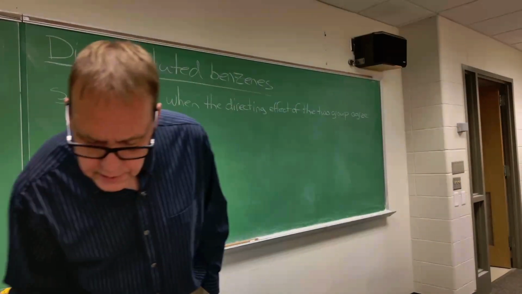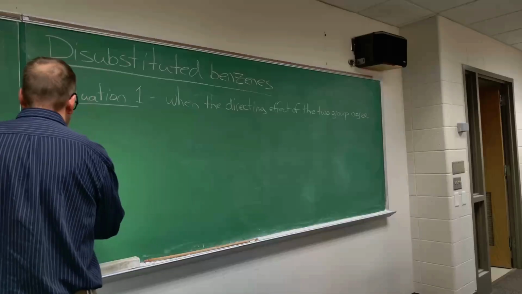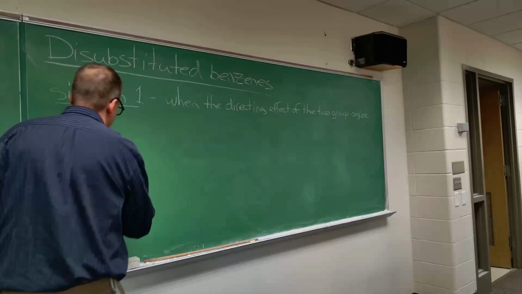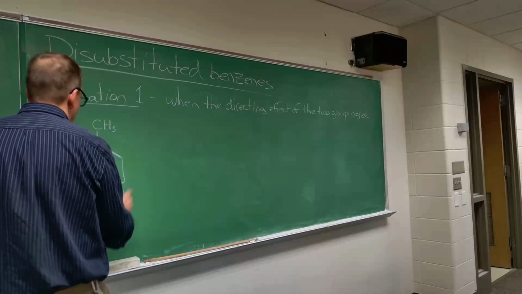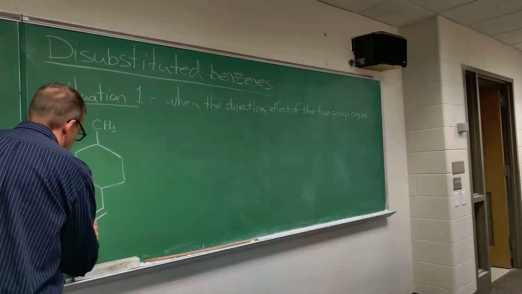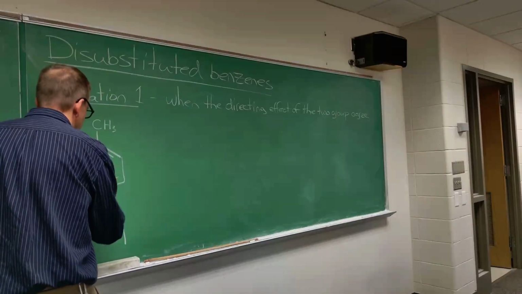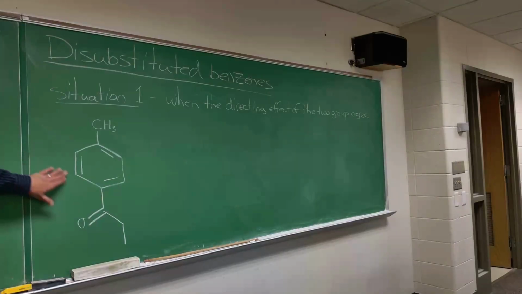So here is an aromatic ring that has 2 groups on it. This aromatic ring has a methyl group on it, and it has a ketone carbonyl group on it. So we should consider the effects of both groups.